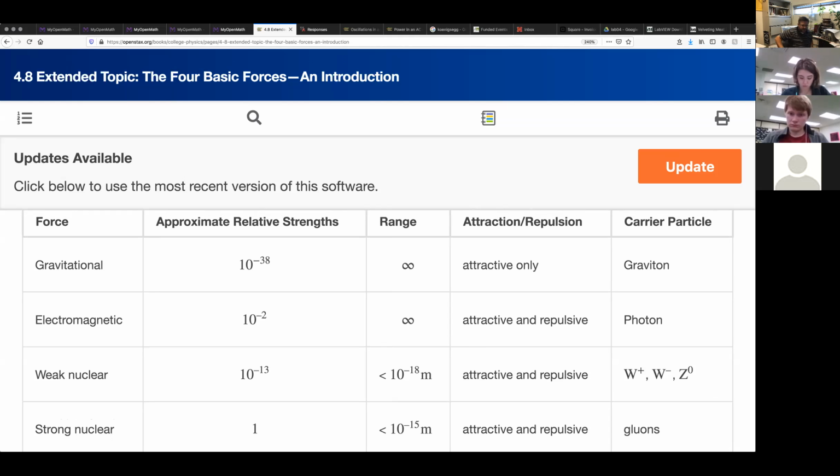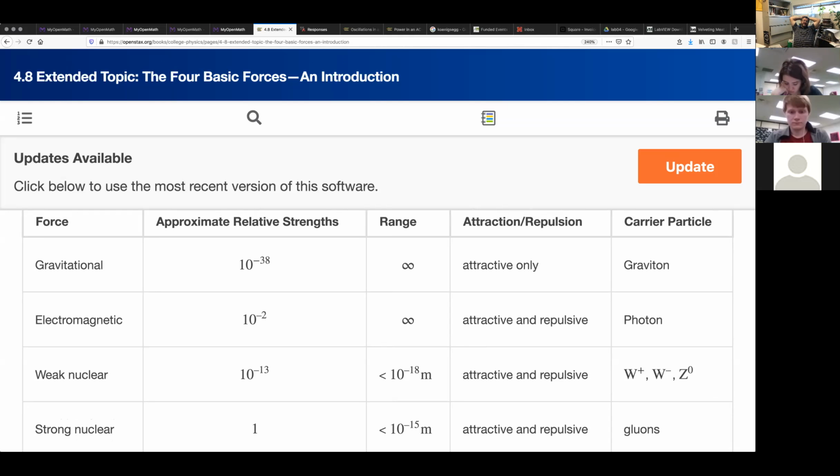Now, of these 4, gravity is the one that we think we're the most familiar with, because we walk around on Earth, and gravity holds us onto the Earth. But in fact, gravity is probably the one that we have the least familiarity with, both in our everyday lives and in science.